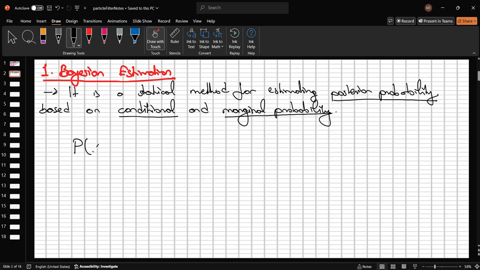Firstly, we need to write P(x|y), the probability rate, which is equal to P(y|x) times P(x) over P(y). Okay, this is the Bayesian rule.